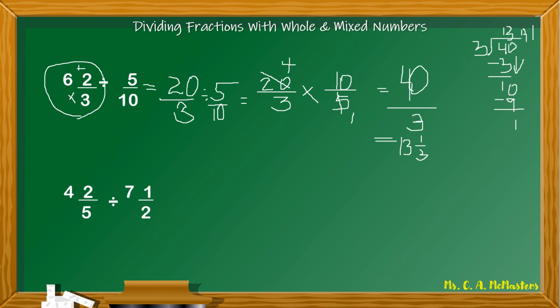All right, so in the second example, we have two mixed numbers, and we're simply going to follow the steps. Convert your mixed numbers into improper fractions, and then go ahead and do keep, change, flip. The first mixed number is 4 2/5. We multiply 5 times 4, which is 20, plus 2 gives us 22, and that's going over the denominator 5.